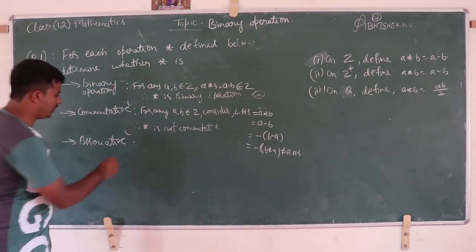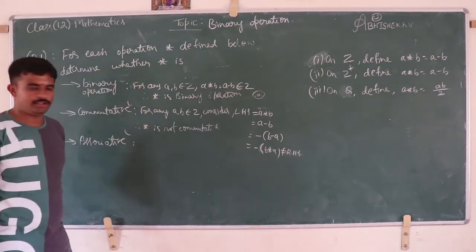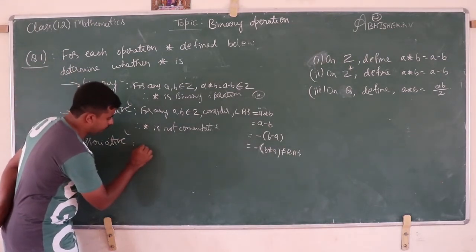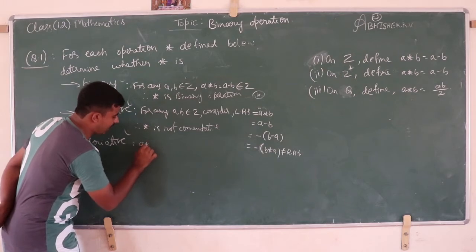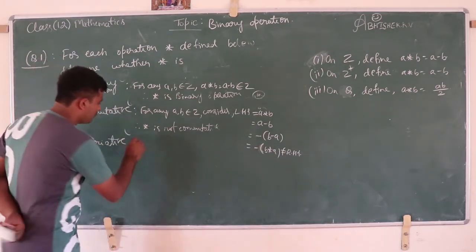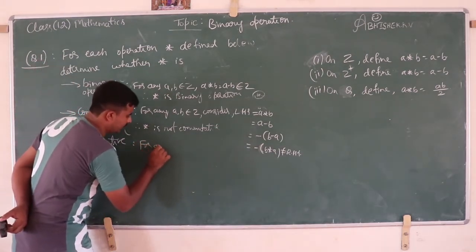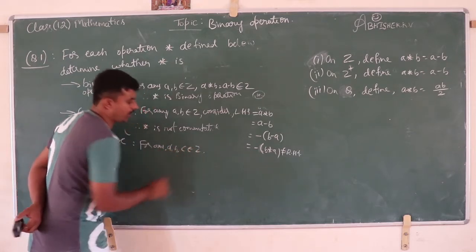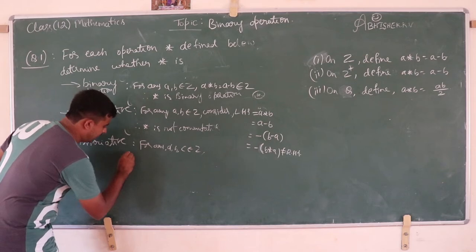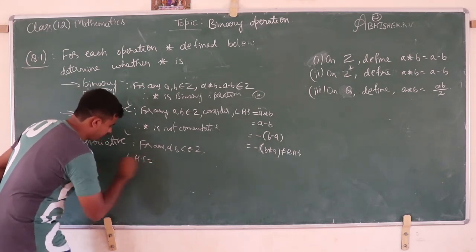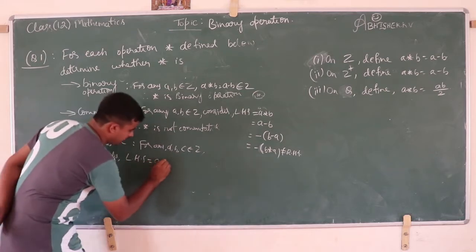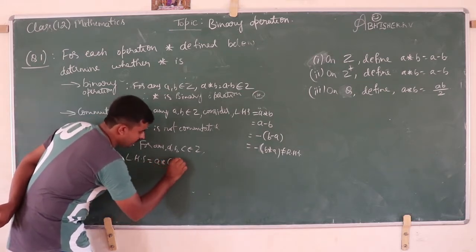Then associative property. See, for any a, b, c belongs to set of integers, consider LHS, that is a star of b star c.